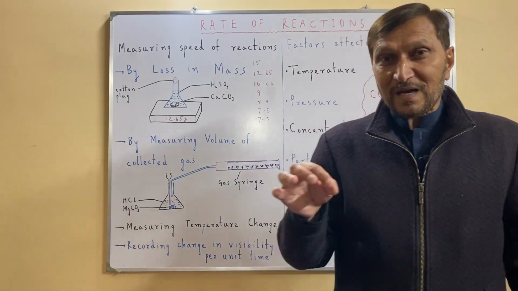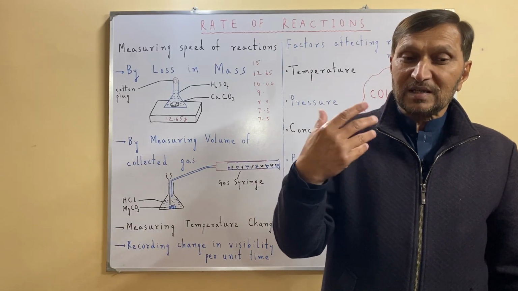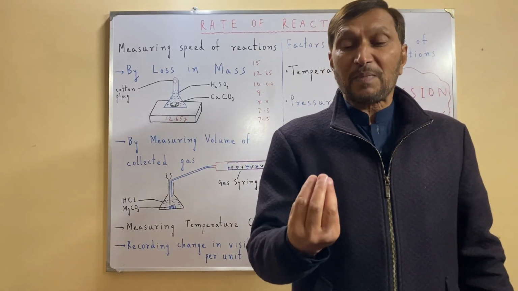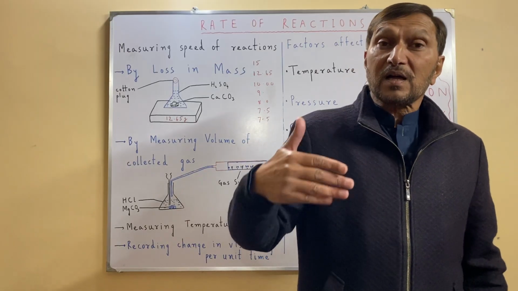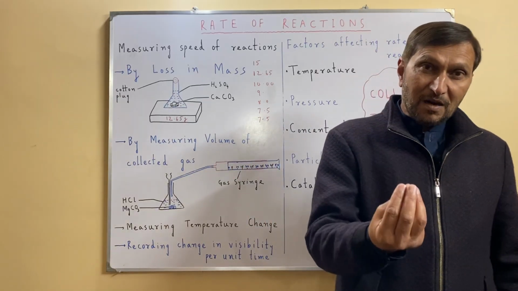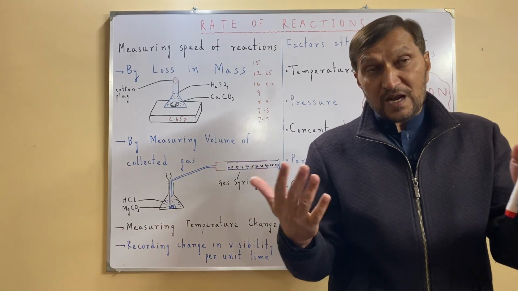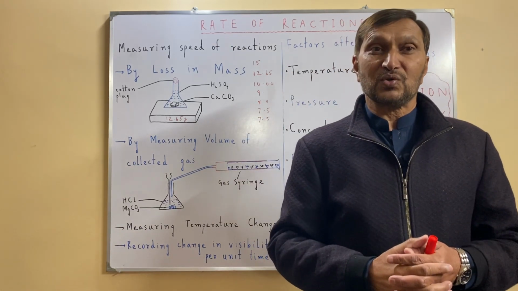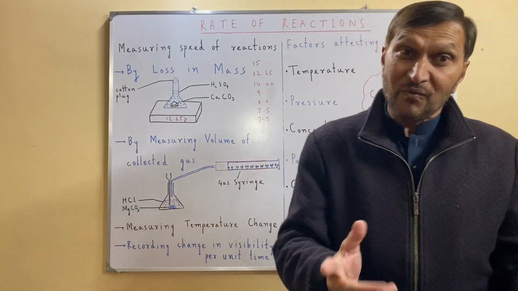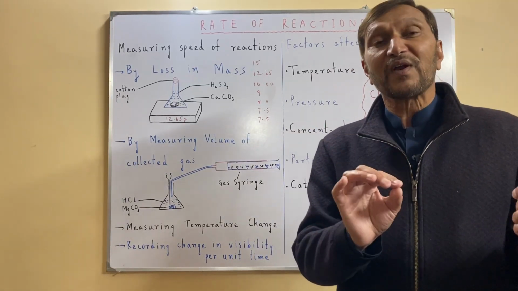It means that when the particle size is lesser, when the chemicals are in fine powder form, their particle size is less, so the rate of reaction will be higher. Why? Because the smaller, fine particles have greater exposure and a larger surface area compared to volume, so there will be greater collision, and the speed of reaction will increase.